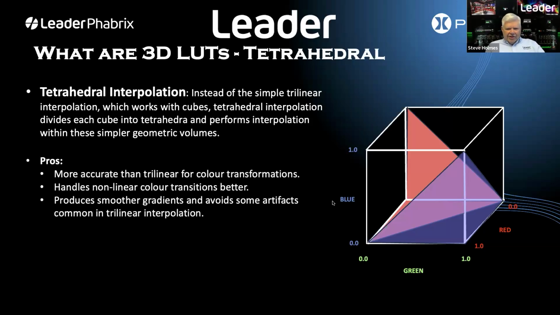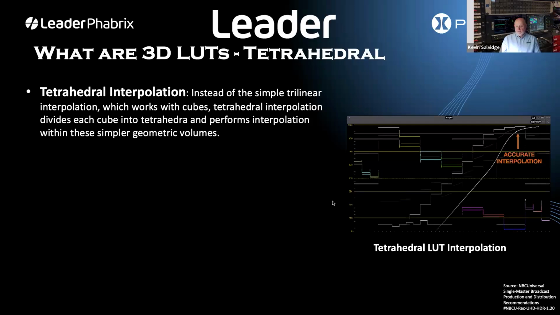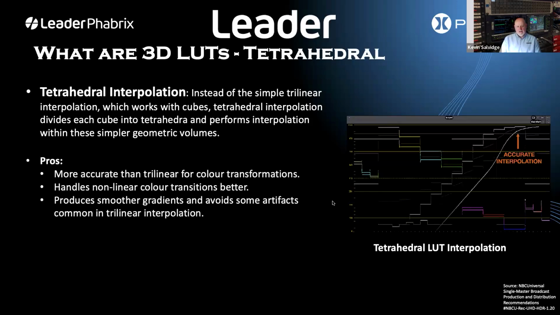Yeah, so it can take more points and draw from actually R, G, and B to help make the transitions. And as I said, it handles non-linear color transforms a lot better. Yes. And as you'll see when we bring up the waveform now, it smooths out the knee that we saw, the stepping, that jagged edge previously. This smooths it out really nicely.